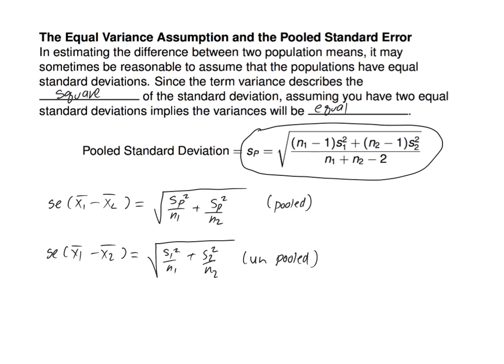What this does to your life, at least for the next homework assignment, is you have to do one more step. You find this thing that is like the average of the standard deviations, and then you use that to find the standard error. It just adds one more step, and the directions will indicate that you need to use the pooled standard deviation.